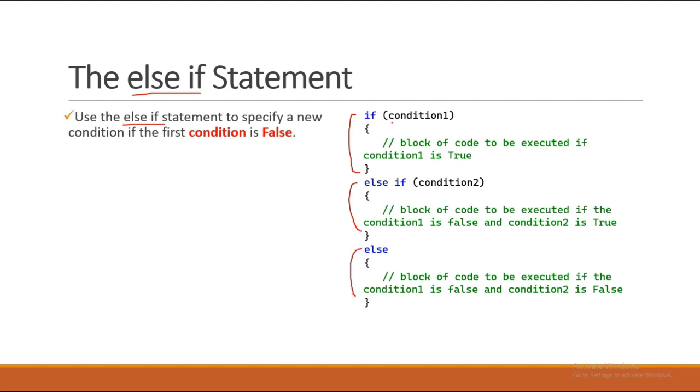Our code will start, and we'll check first condition 1, and if it's true, then this block of code is executed. If it's false, then we'll check the second condition, condition 2. If it's true, then this block of code is executed. And if the second condition is false, then it will check the else block.